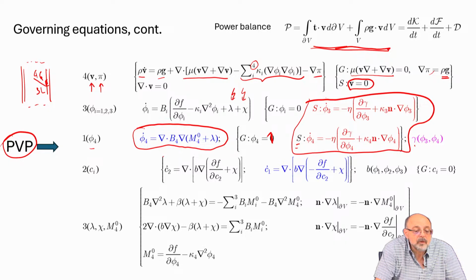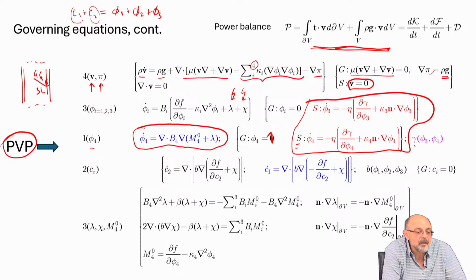I have two diffusion equations, but they're not both necessary, right? Because I have that condition, if you recall, that C1 plus C2 must be always equal to phi1 plus phi2 plus phi3. So if I'm computing those three, I don't really need to compute C2, right?